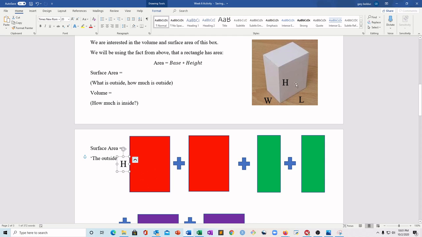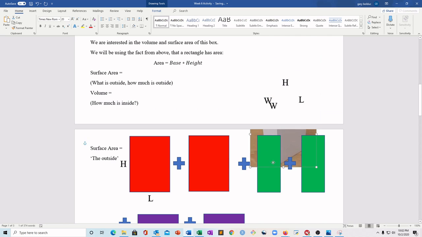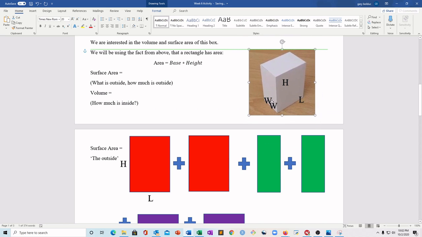And it's this front side, uses a length for its bottom. All right, what about the green side? That's right here. That is a width for its base, and then a height.